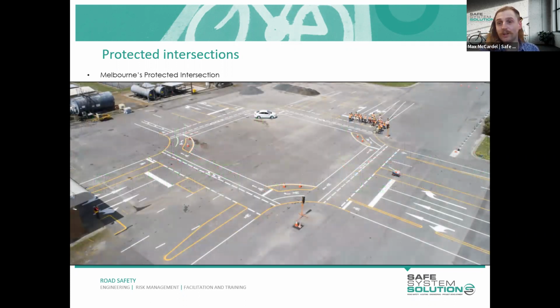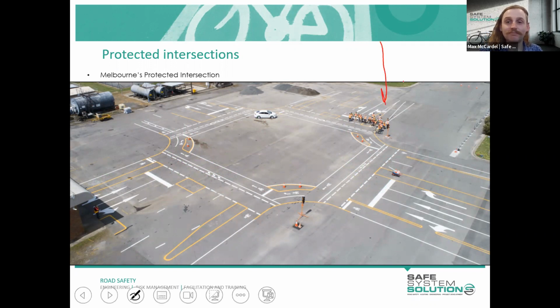And they got it all line marked exactly as it would look were this to be installed in East Melbourne in Albert Street. And then they got all the stakeholders on a bicycle and said, why don't you ride through this and see how you feel?